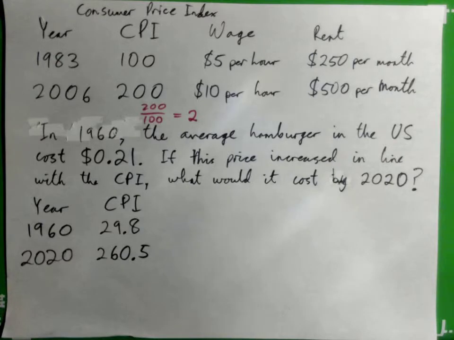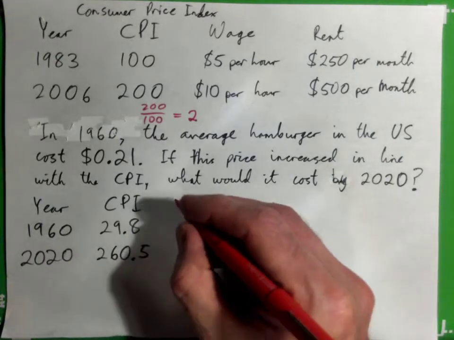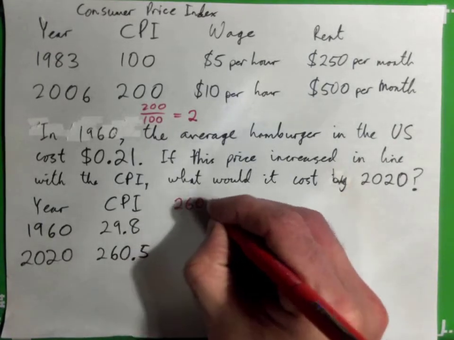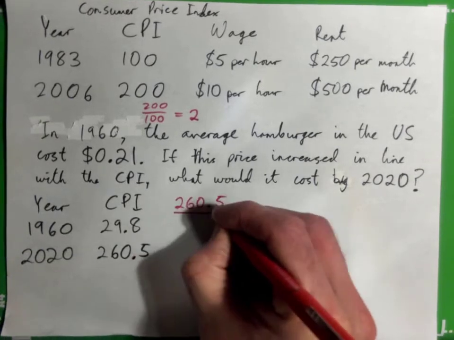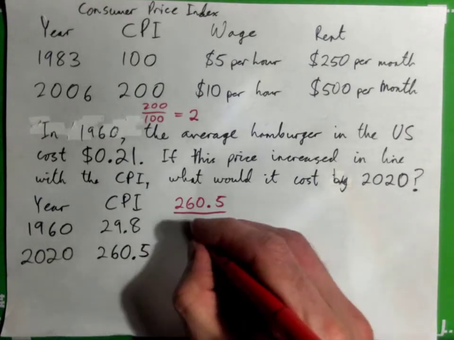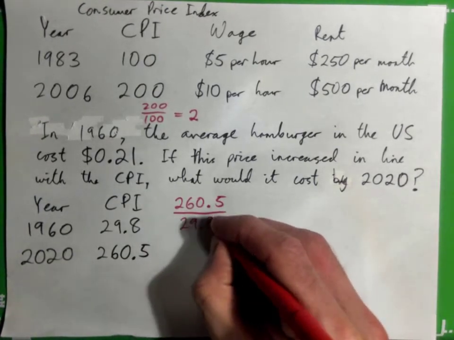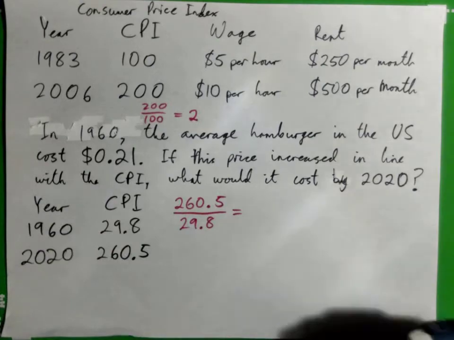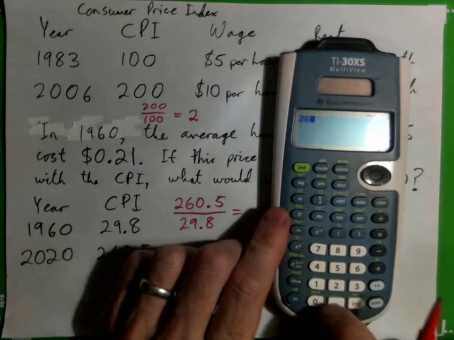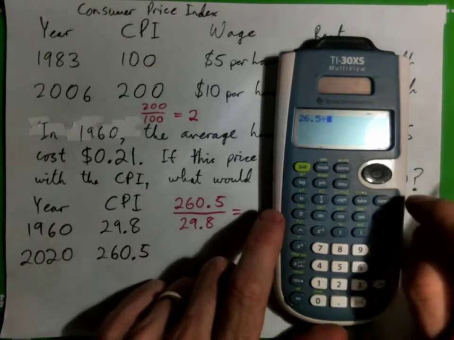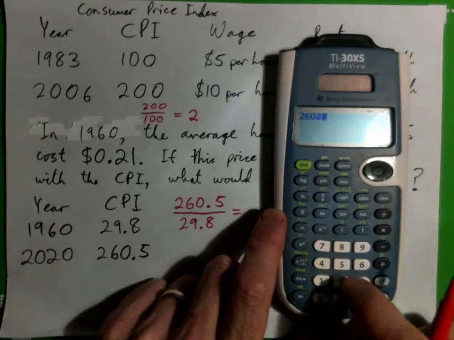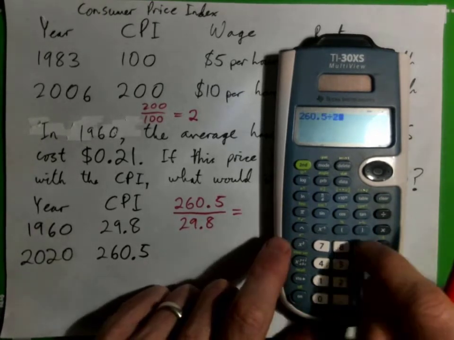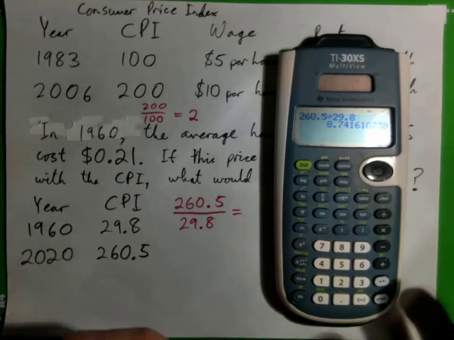What do you think? Could we just do this, 260.5 over 29.8, and do this magical operation called division? Enter. 8.7.